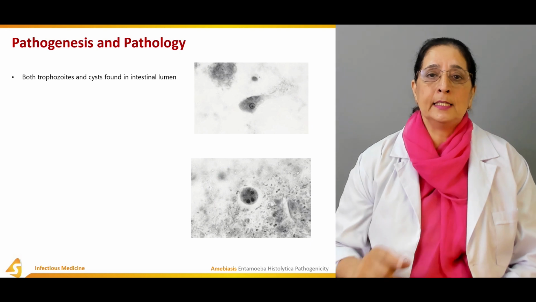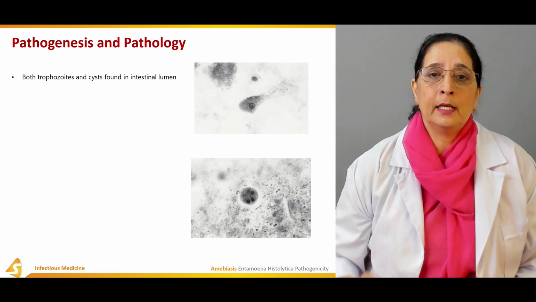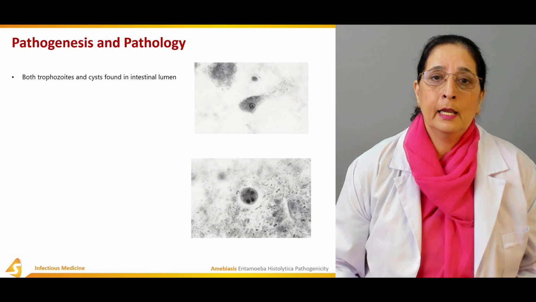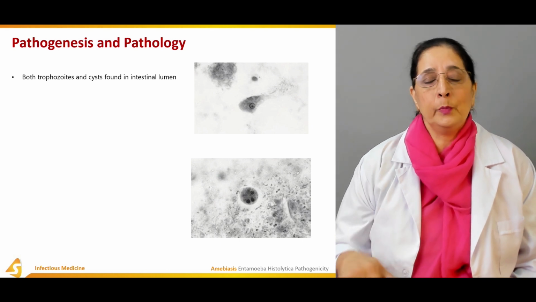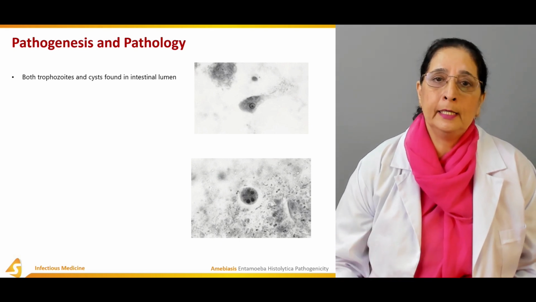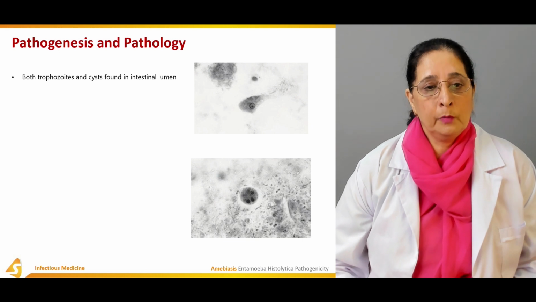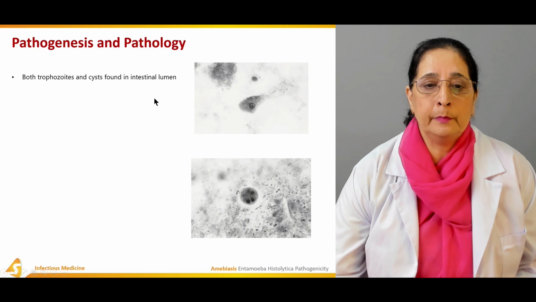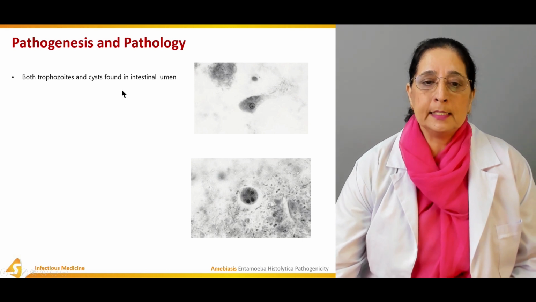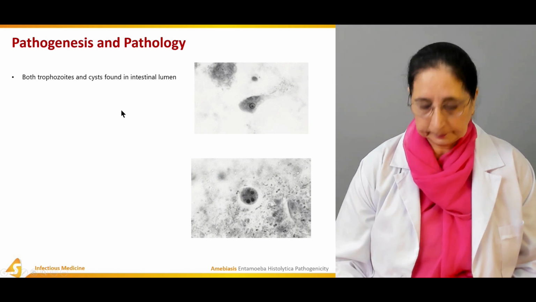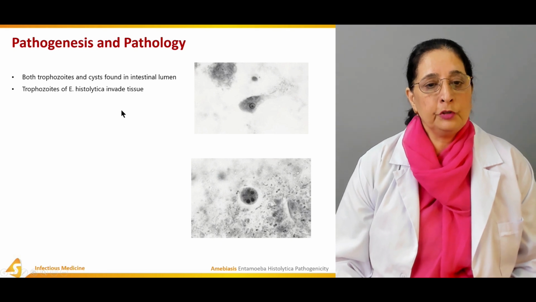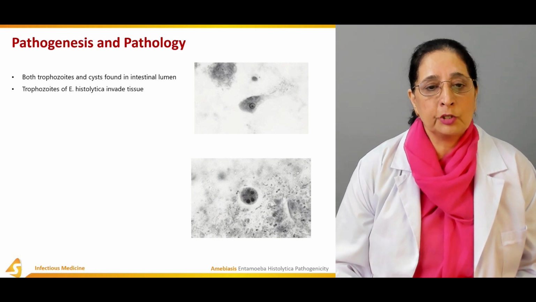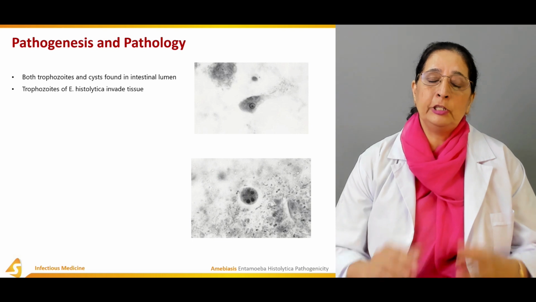We can see this cycle goes in a circle, released from the human and entering the human by the oral route. So both the trophozoite and cyst forms of Entamoeba are found in the intestinal lumen. Trophozoites of Entamoeba histolytica invade the tissue.